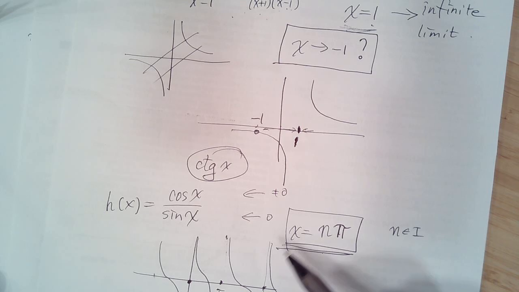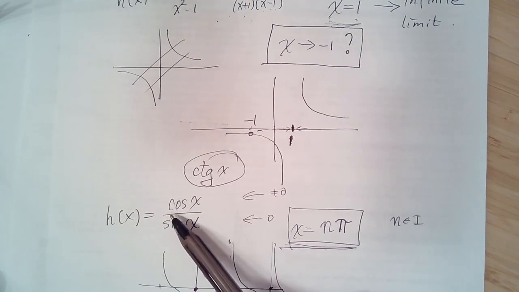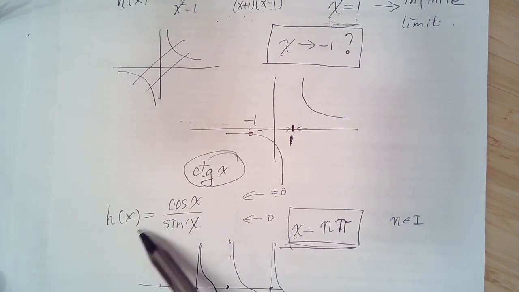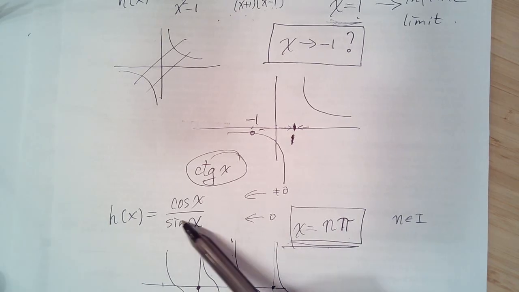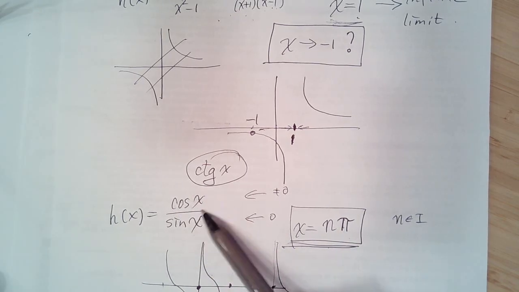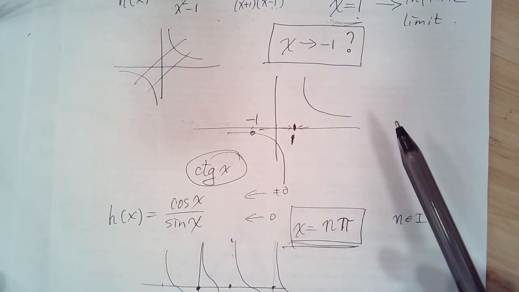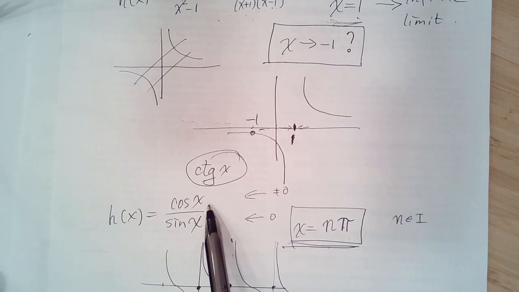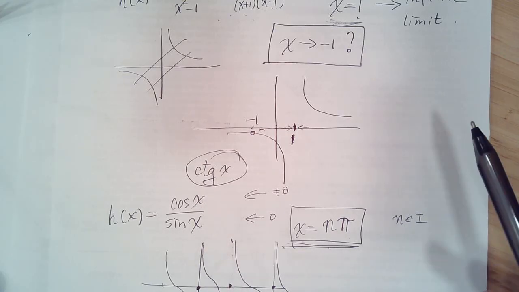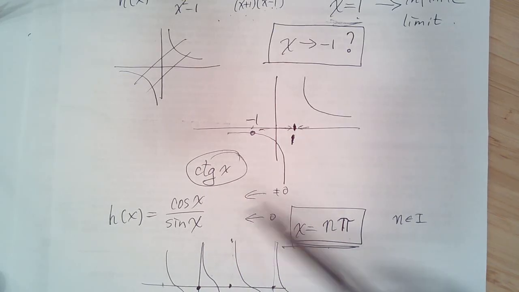So this one, cosine over sine, the h of x. When x equals n pi, the denominator will be 0, but the numerator will not be 0. Cosine n pi will be either +1 or -1. So the numerator is not 0, but the denominator is 0.